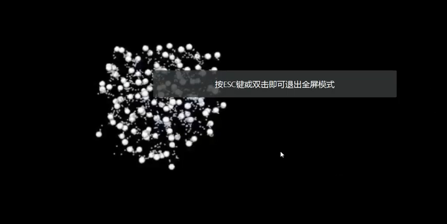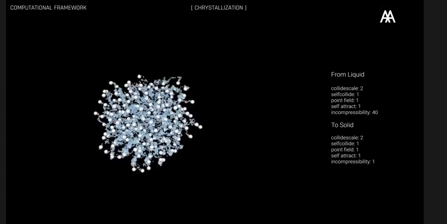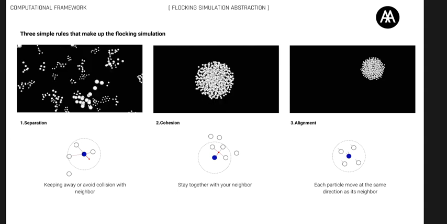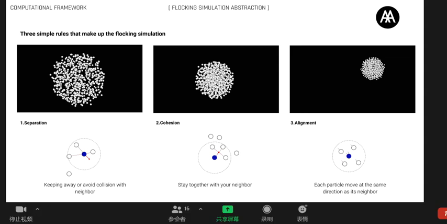After the discussion with Mustafa last week, he suggested that the flocking analogy, the flocking simulation, could help us to understand or to represent the liquid, the fluid. So this is an abstraction of how flocking simulation works and the basic rule set of behaviors, which is separation, cohesion, and alignment.